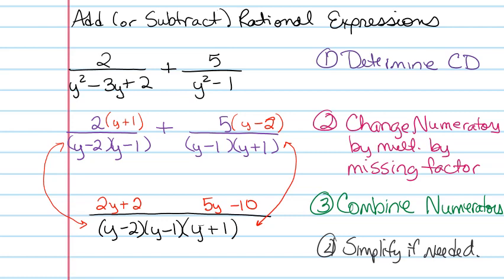Now, technically, this was also done down here, but it's a technicality. Step 3, I'm going to combine my numerators. This time I'm adding, so I'm going to get 7y minus 8. And my denominator stays the same.